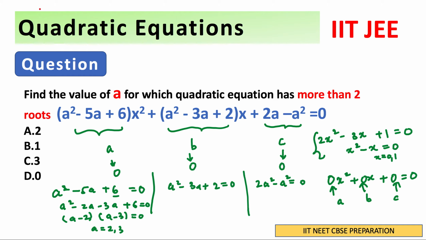Now if I come here, a square minus 3a plus 2 is equal to 0. This 2 will be 2 into 1, and we have minus 3. So we can write a square minus 2a minus a plus 2 is equal to 0.